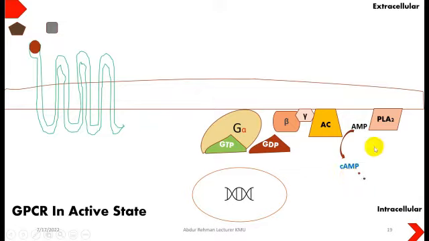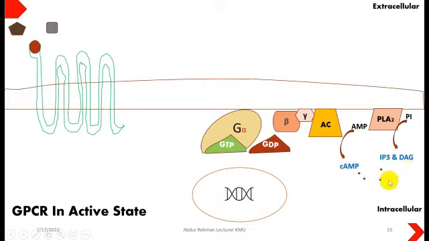Similarly, this G protein may also activate phospholipase, depending upon the type of information it has. Phospholipase will convert phosphatidylinositol into two second messengers, that is IP3, which we call inositol triphosphate, and DAG, which is also known as diacylglycerol.